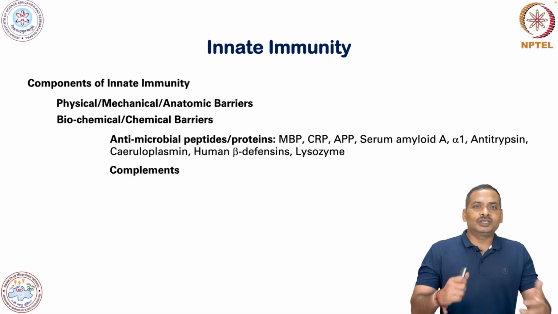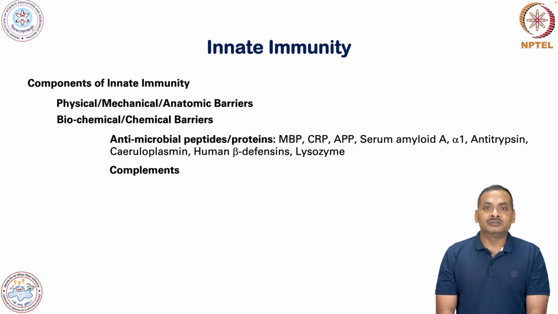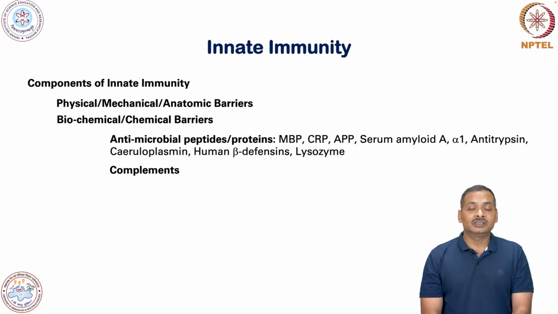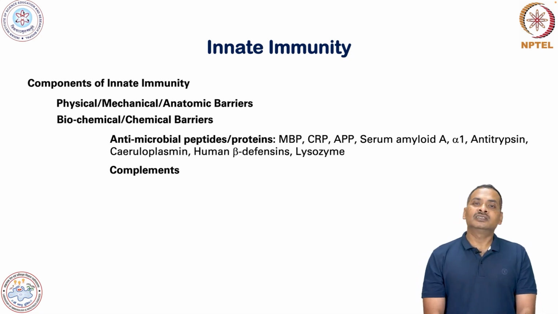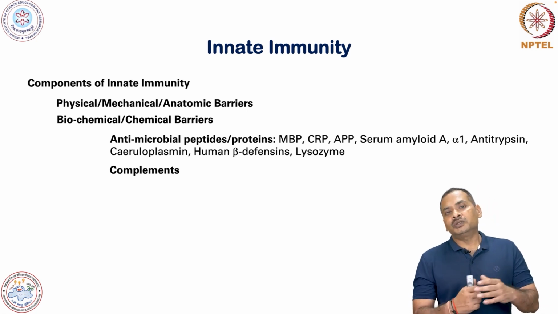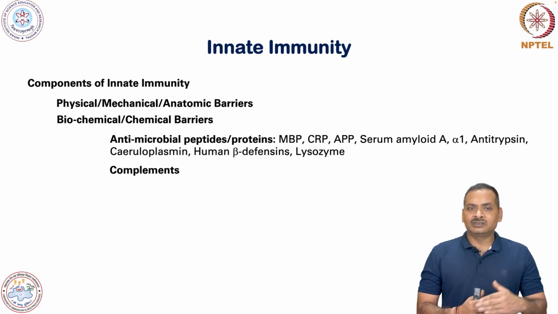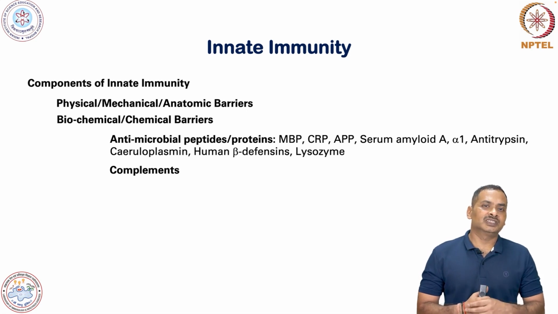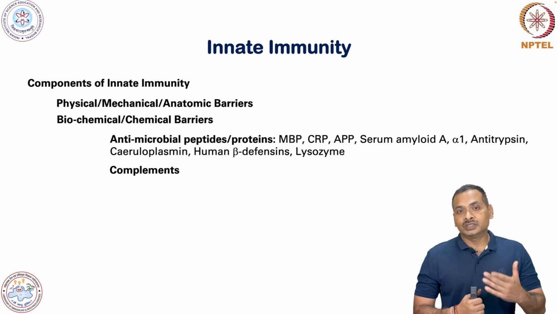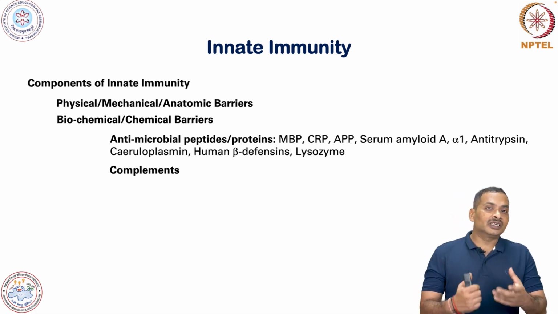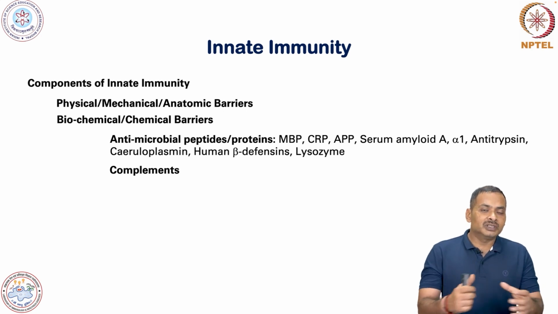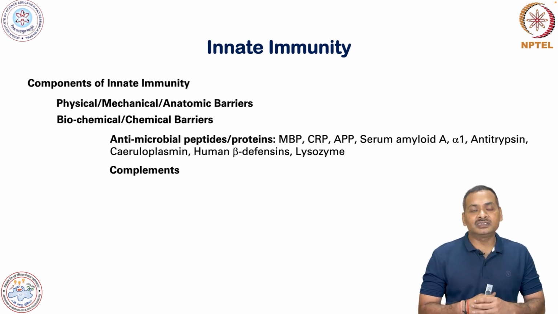Another, the most important, biochemical barrier is complement. Complements are a set of proteins synthesized in the liver, and complement basically does three things, which I told you in the previous session also. They induce inflammation. They also opsonize the target microbe so that it is readily phagocytosed by phagocytic cells.